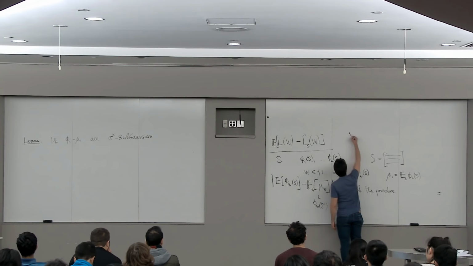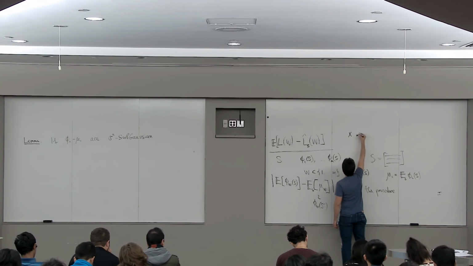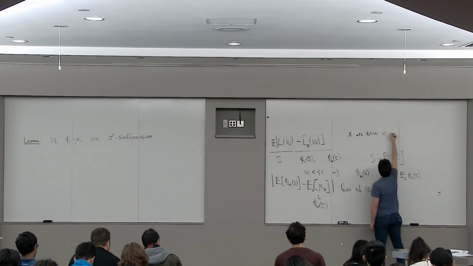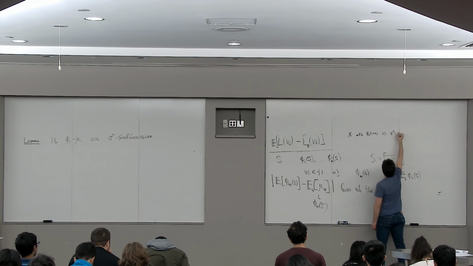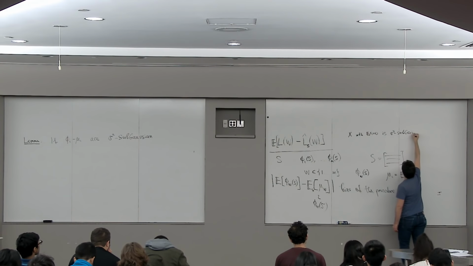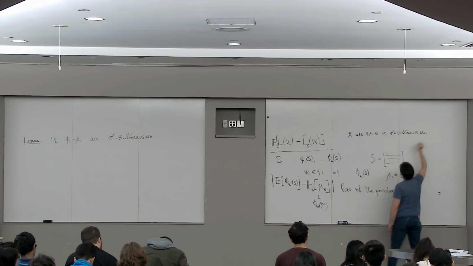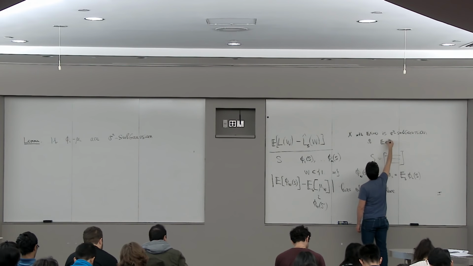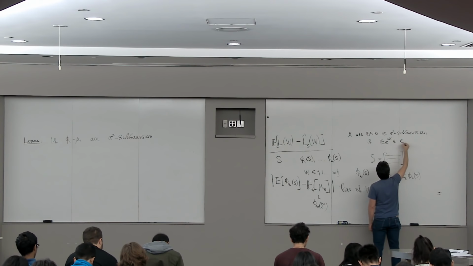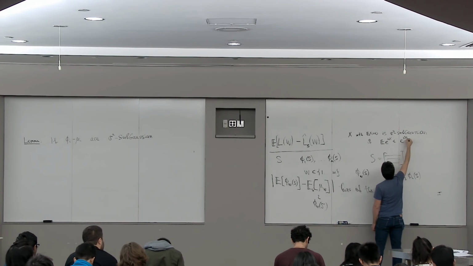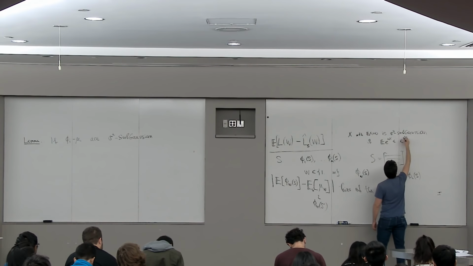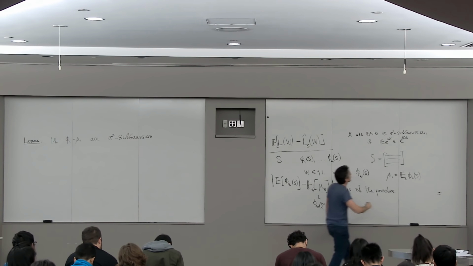So X with expected X equal to 0 is sigma squared sub-Gaussian if the expectation of e to the lambda X is upper bounded by e to the sigma squared lambda squared over 2.